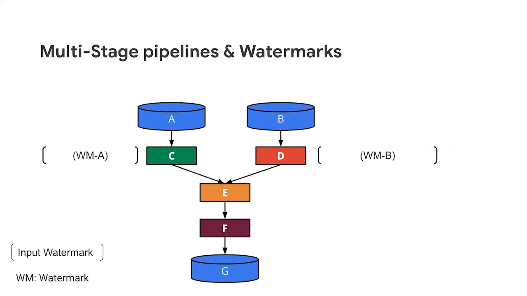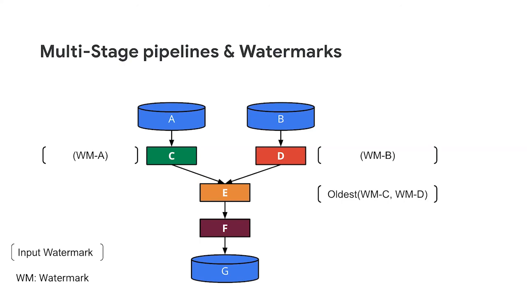For stages C and D in this graph, the input watermark for C is the output watermark from A, and the input watermark for D is the output watermark from B. When we get to E, the input watermark to E is actually the oldest of the ones coming from C or D. Whichever one of those is oldest becomes the input watermark for E.